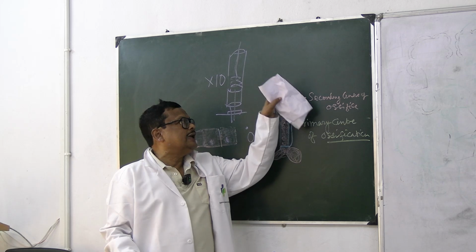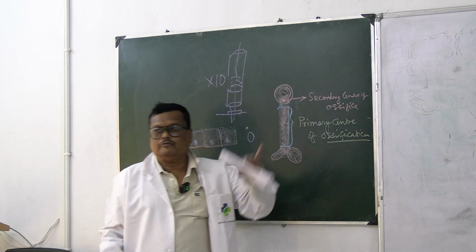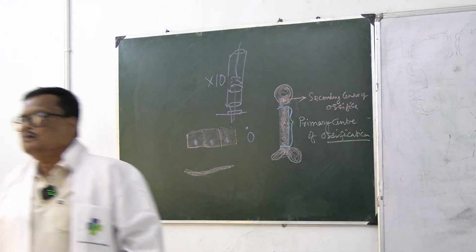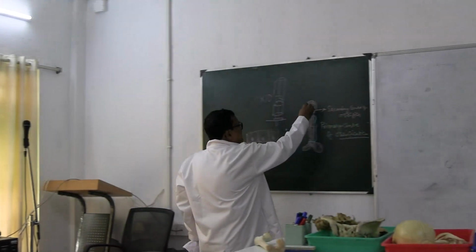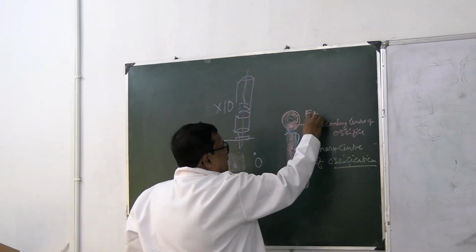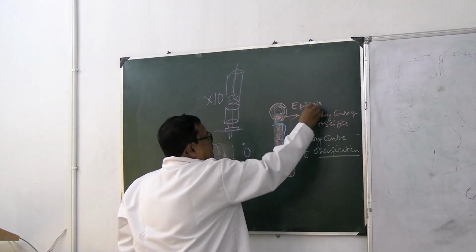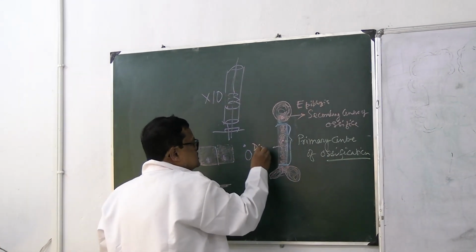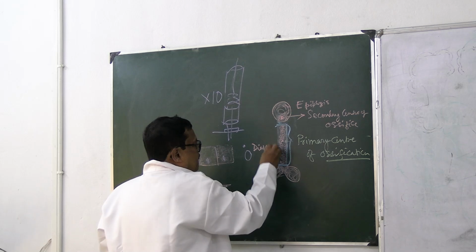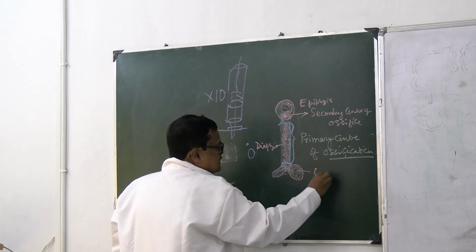The bones forming the ends of the bone from the secondary center of ossification after birth, we call epiphysis. Epiphysis. This is the diaphysis, and this is the epiphysis.